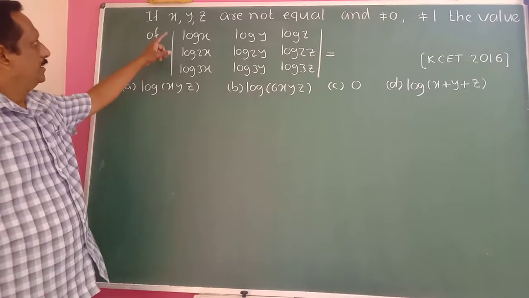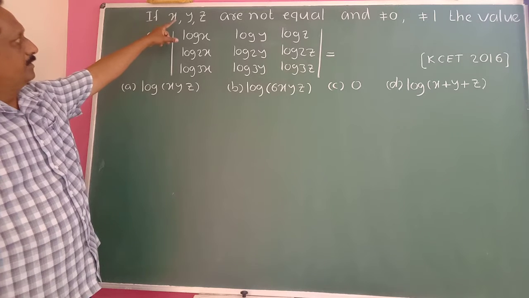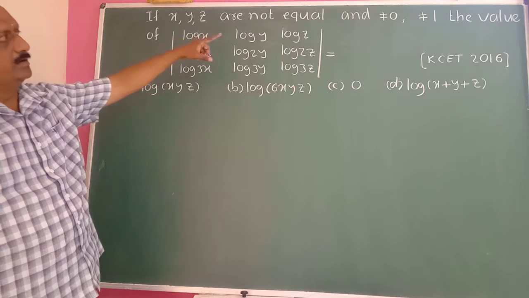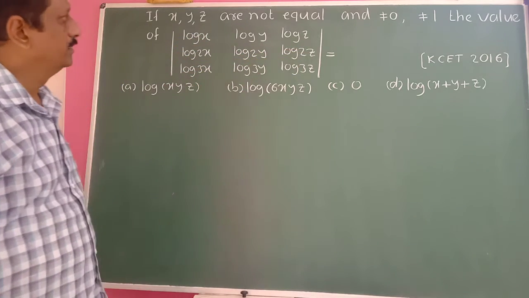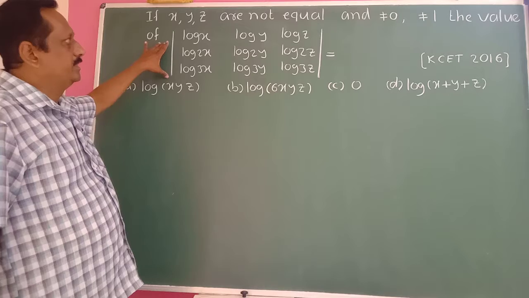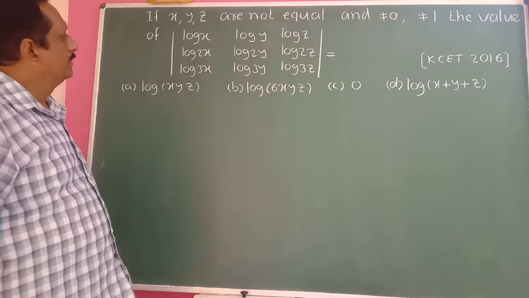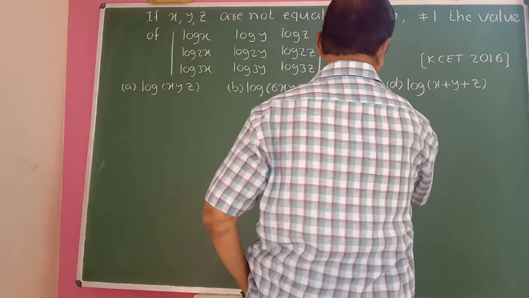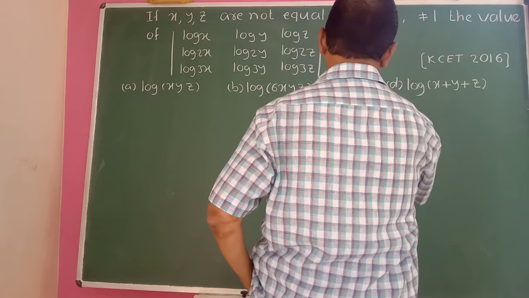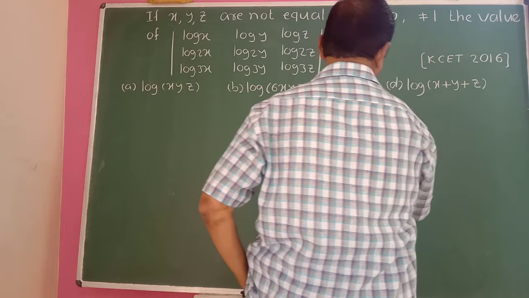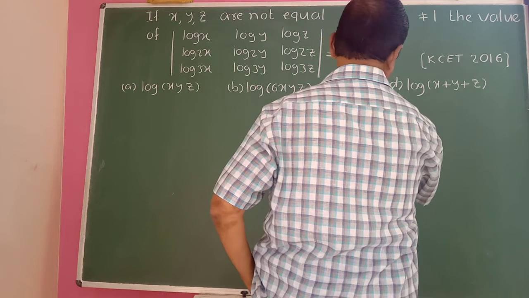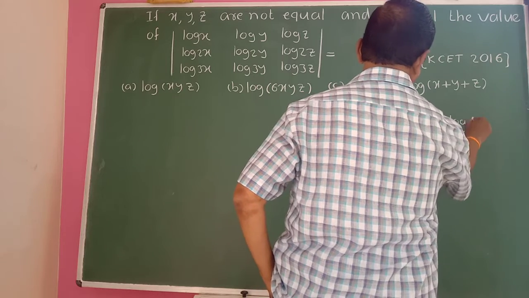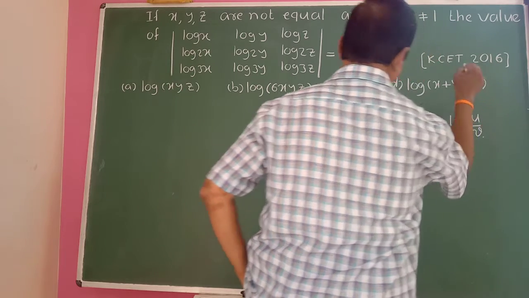Okay, if x, y, z are not equal and not equal to 0, not equal to 1, what is the value of this determinant? In this case we can use the logarithm property again: log of u minus log of v is equal to log of u divided by v.